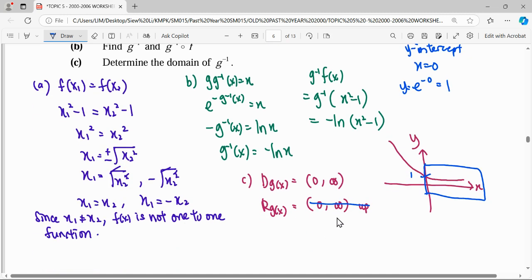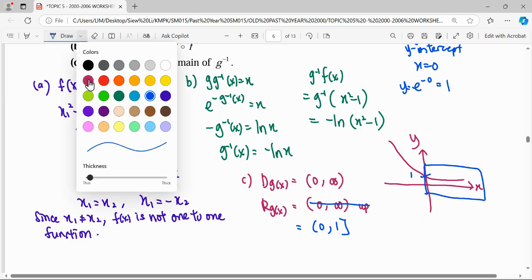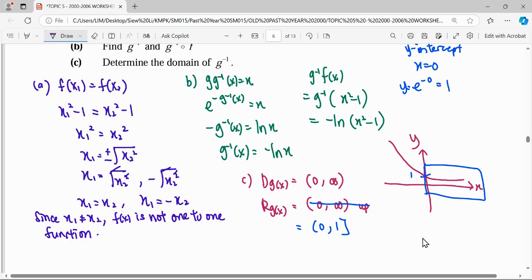So the range of the graph here will be a minimum at 0 and a maximum of 1, the intersection point included. Therefore, when we want to find the domain of g inverse, we refer to the range. It will be 0 until positive 1 only.